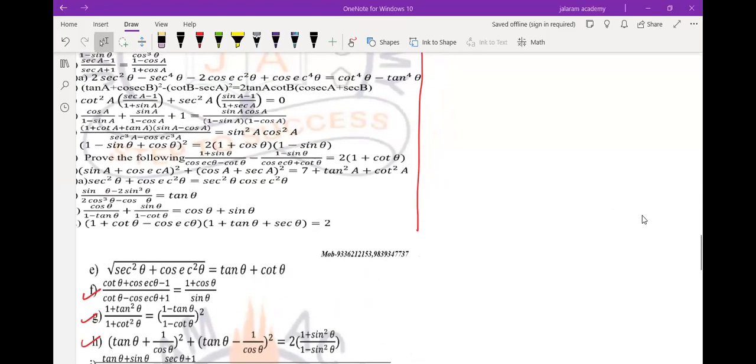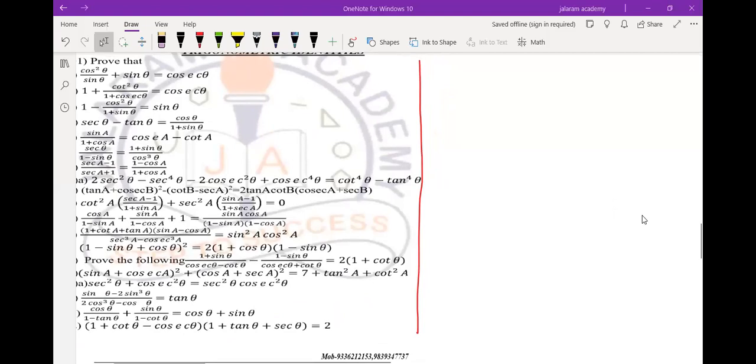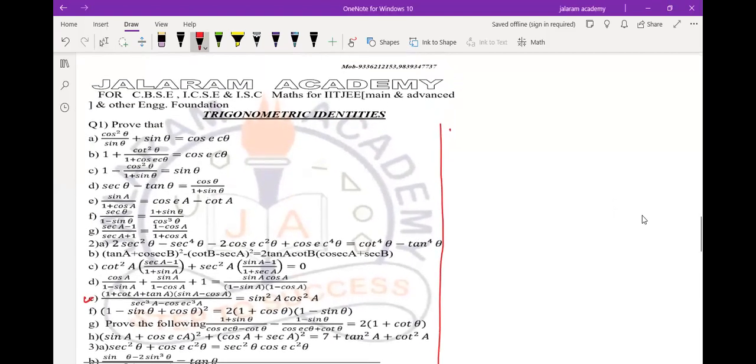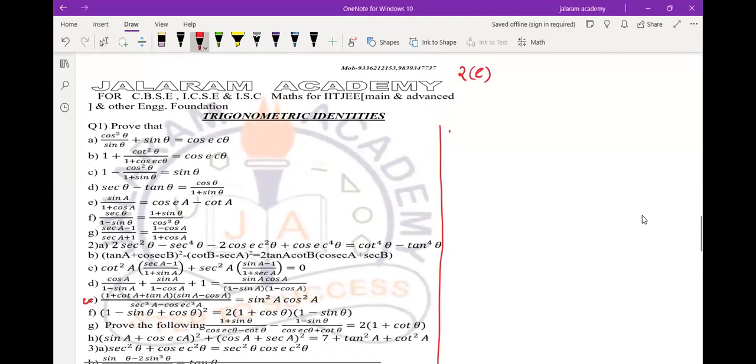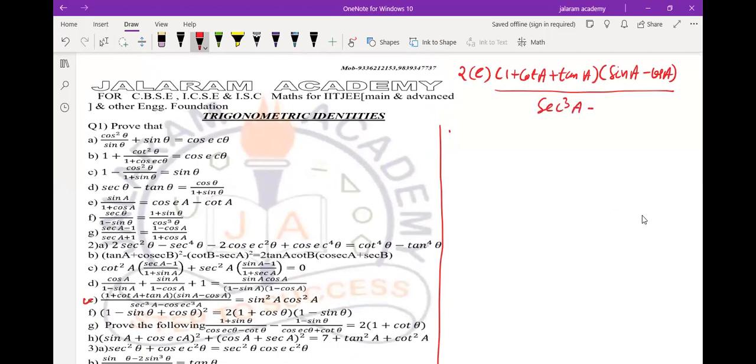Question number 2E. (1 + cot A + tan A) × (sin A − cos A) over (sec³A − cosec³A) equals (sin²A × cos²A).